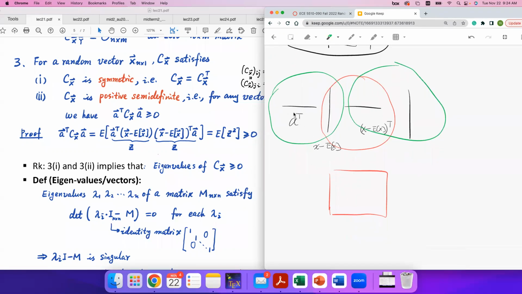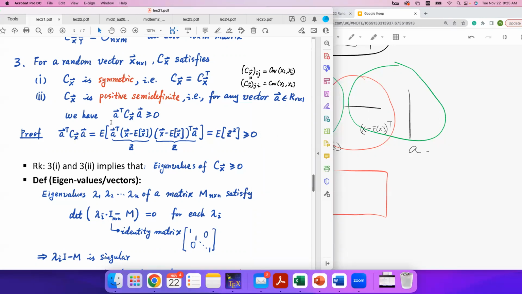The first two is a row vector times a column vector. So it's A transpose this vector, which gives us a number, a scalar, right? And the next one is the X minus mean to the transpose times this column vector A. So this can be viewed as the transpose of the first one.